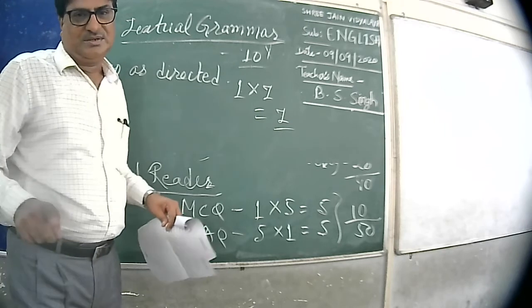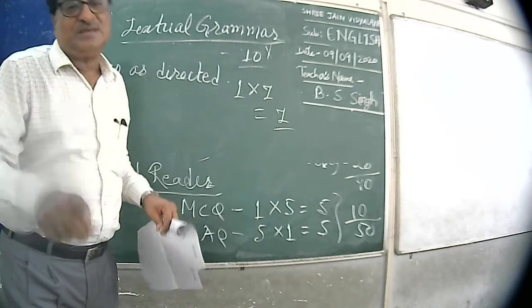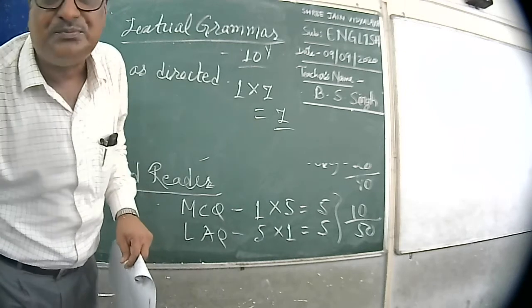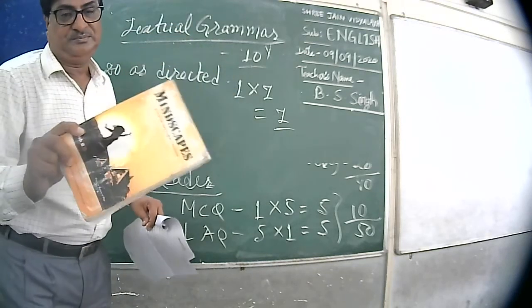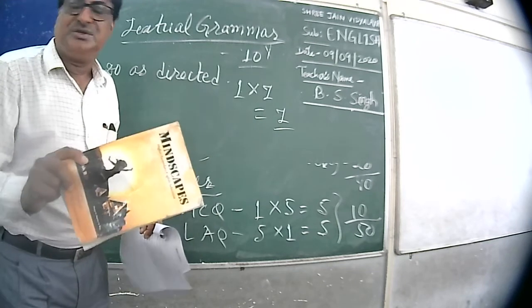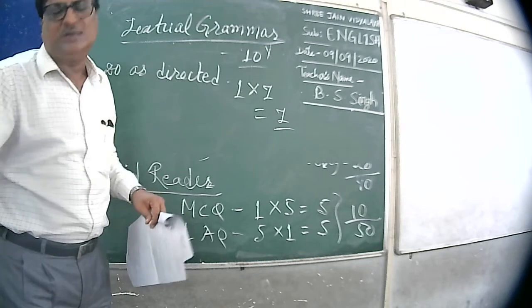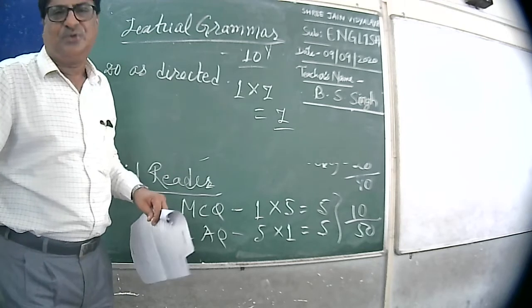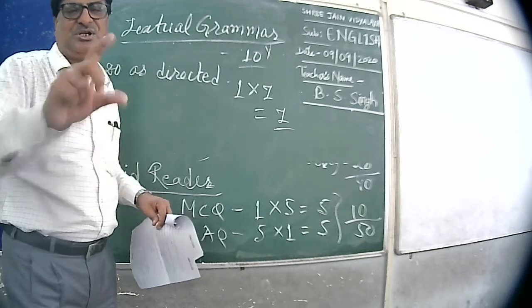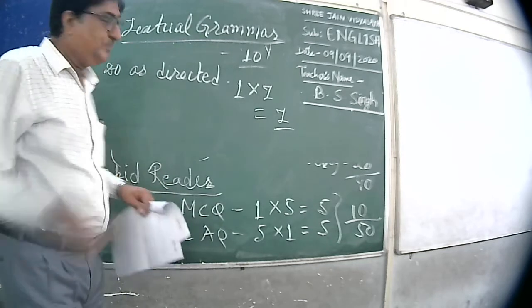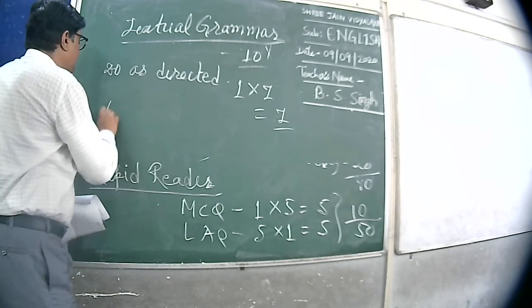All the sentences will be taken from this particular book. Whether it is voice change or narration change or degree change, all these sentences will be taken from 5 prose sections and 5 poems. This is called textual grammar. And 7 marks.